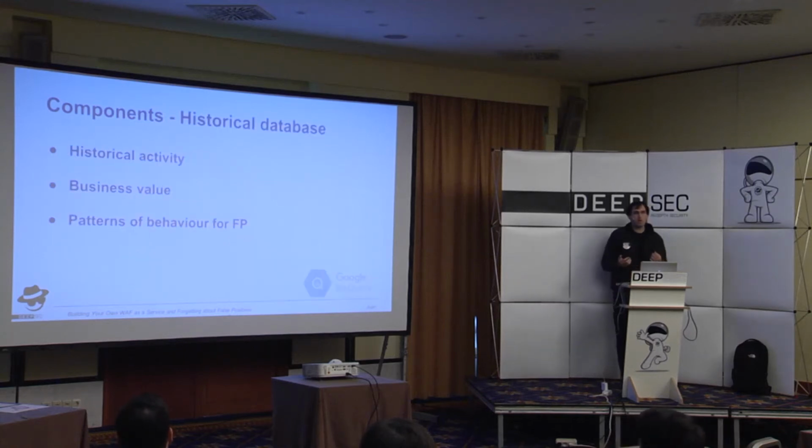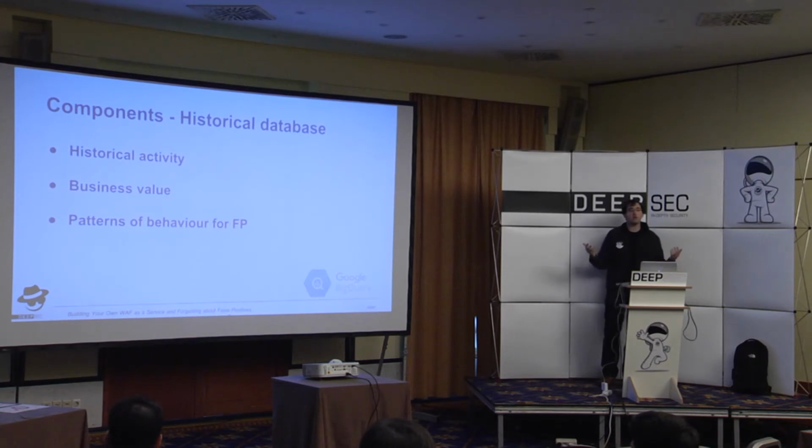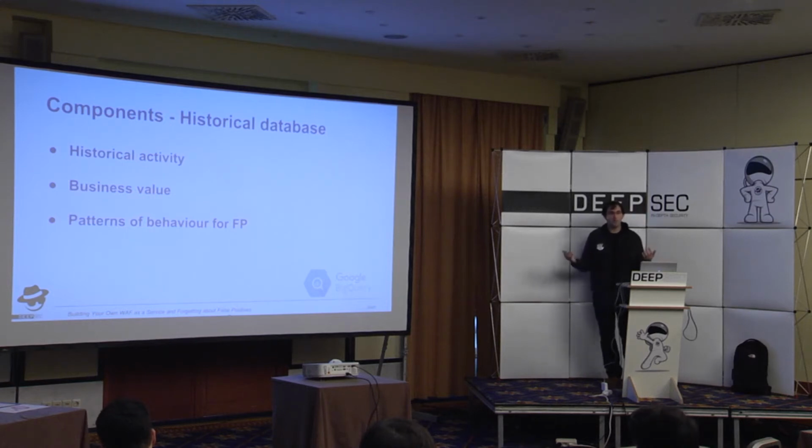Now, another key component to be able to reduce the false positive rate is going to be a historical database. In this case, I'm using Google BigQuery, which is aimed at dealing with petabytes of storage. Depending on what size your environment is, you might not need to handle petabytes, but this scales quite nicely.